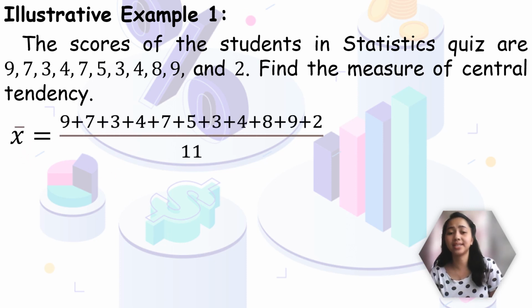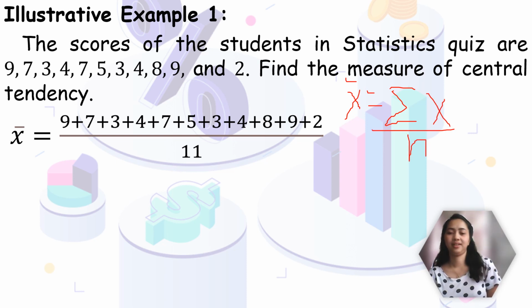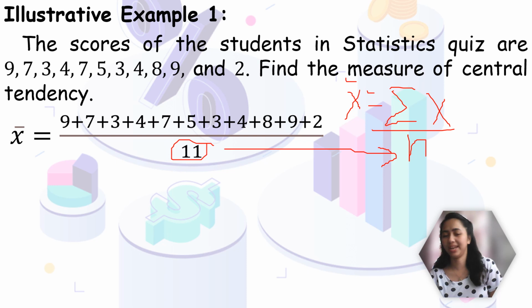So it says that the equation for finding mean is x-bar or mean is equal to summation of x over n. Ma'am, saan po nanggaling itong 11? When we say n, that is the number of elements.